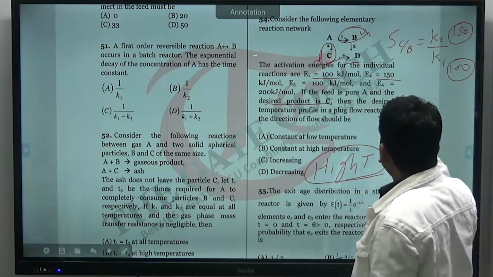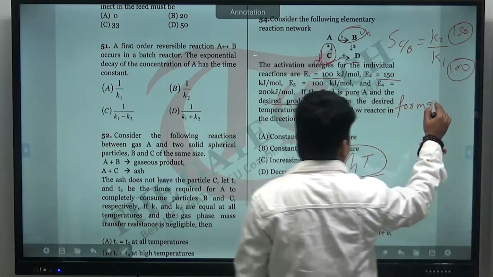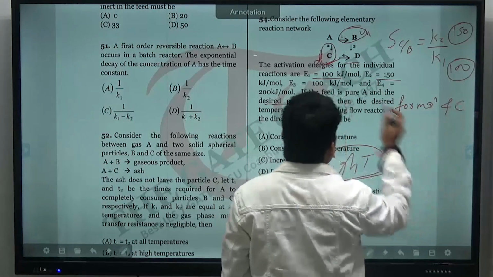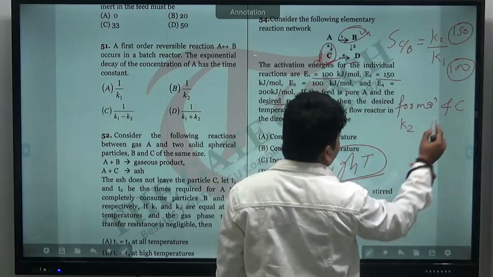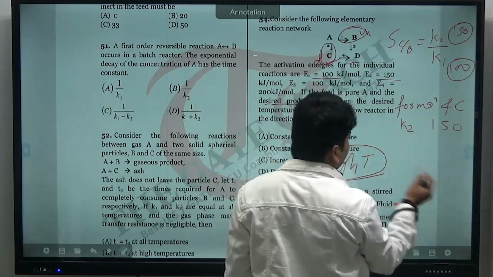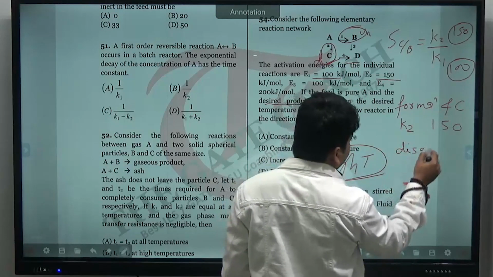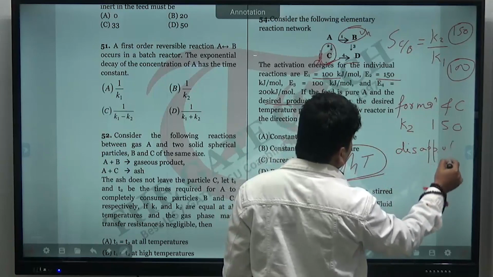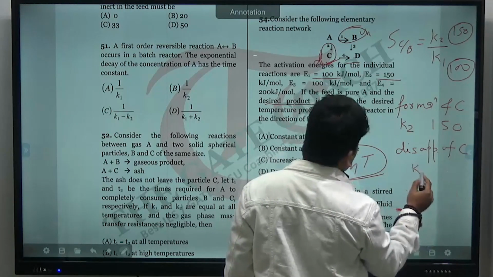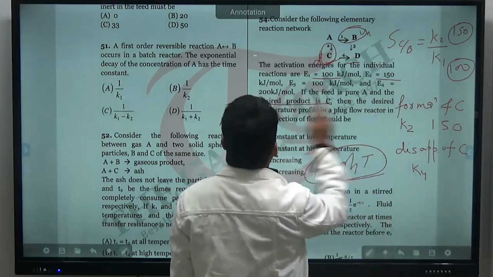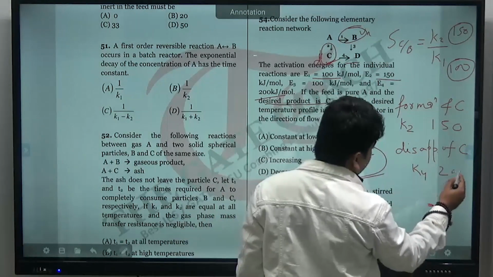Okay, so here if you see formation of C is K2 and the activation energy is 150, and disappearance of C is represented by K4, and here the activation energy is 200.